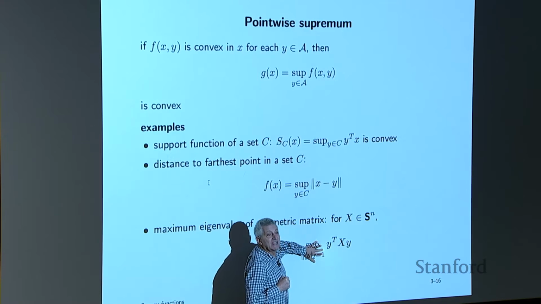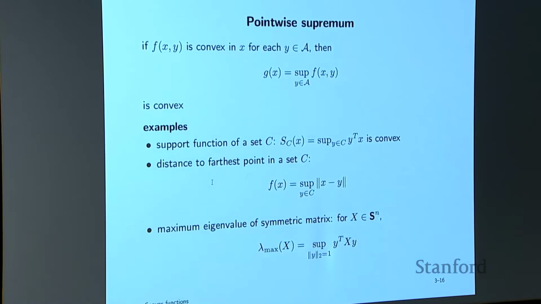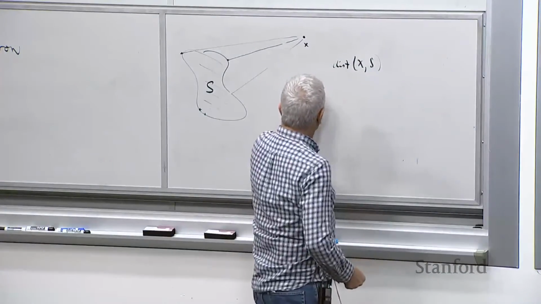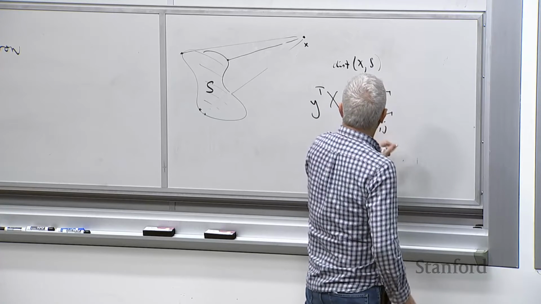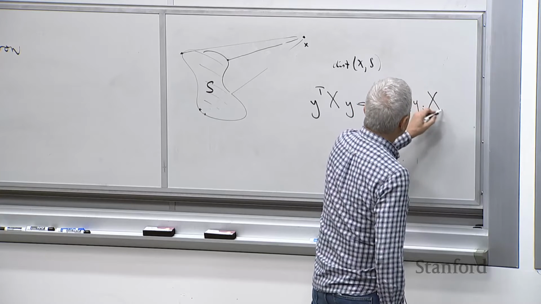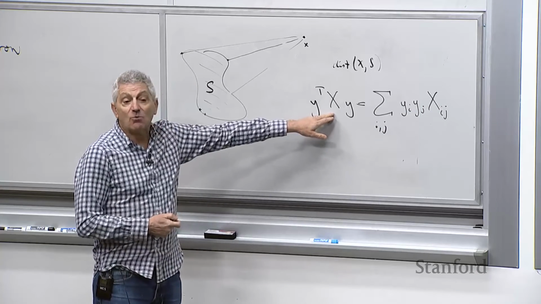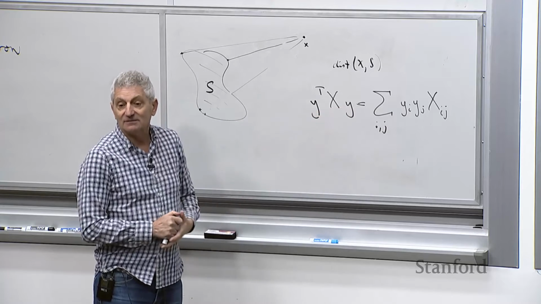So this shows you really have to be on your toes. If I write out y transpose Xy, that's the sum over i and j of y_i y_j times X_ij. Now this function is quadratic in y, but it is linear in X, okay?